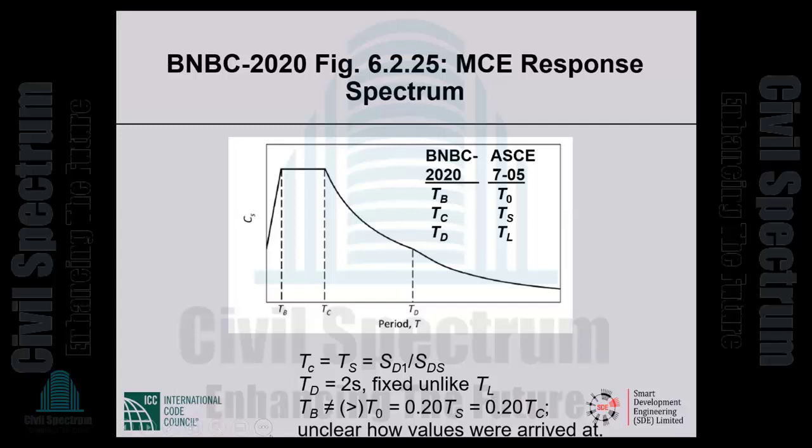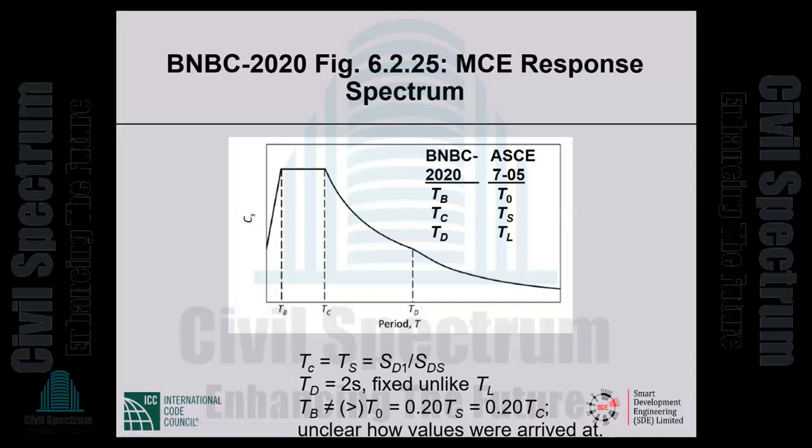T sub S of ASC 705, the period at which we go from the flat top to the descending branch, is S sub D1 over S sub DS. Okay. That is also the value of T sub C in BNBC. So T sub C is equal to T sub S.